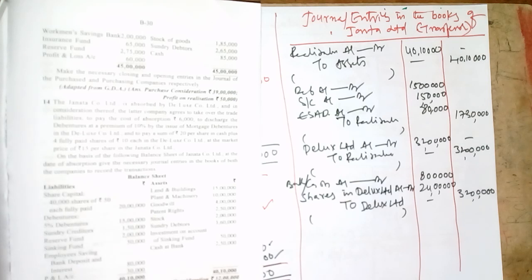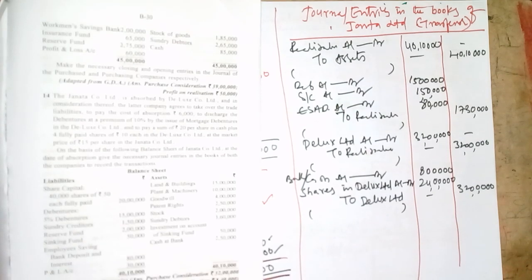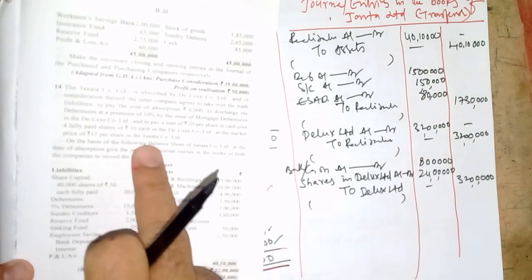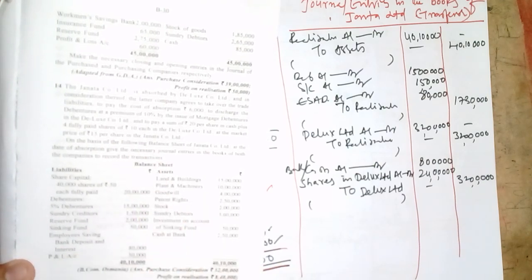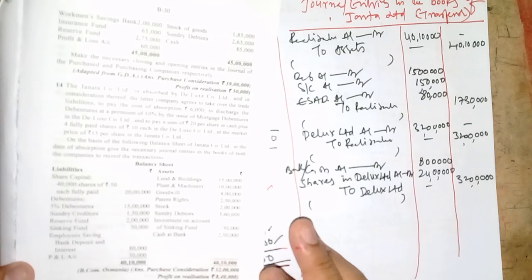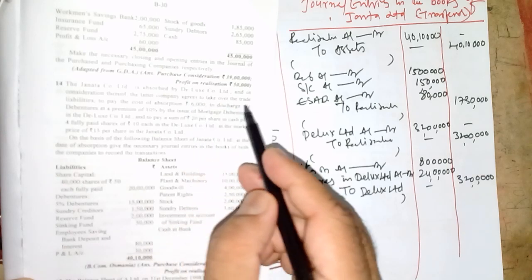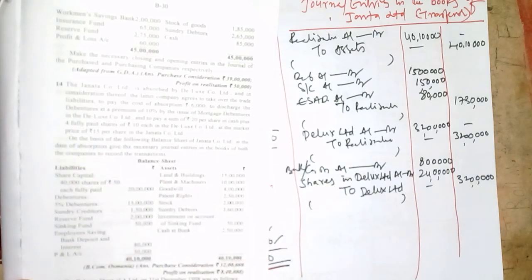So once the PC receiving entry is done, next entry is sale of asset not taken over by transferee, payment of liabilities not taken over by transferee, right? So we have one liability, that is payment of liability not taken over. Which liability? Debentures were taken over and discharged by the company, but the employee savings account is not taken over by the transferee company. Sir, how can you say employee savings account is not taken over by the transferee? The question clearly says they agree to take over the trade liabilities.